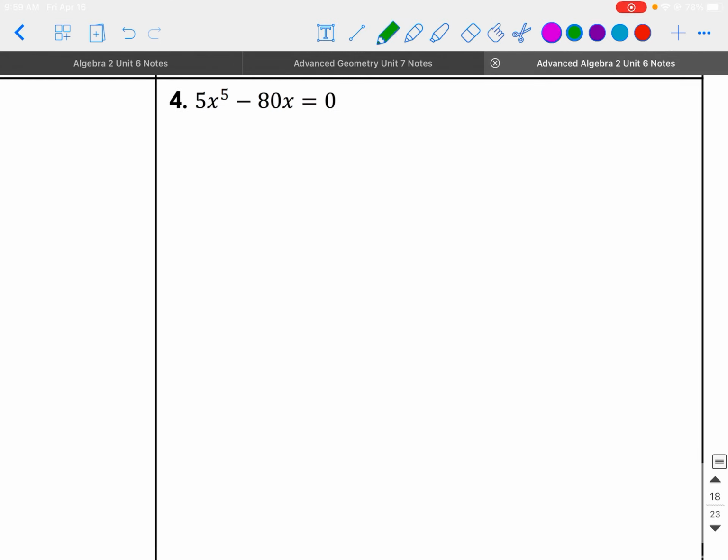All right, number 4, look for a GCF, and it does have one, 5x. So when I divide out 5x, we get x to the 4th minus 16. And this is a difference of squares.